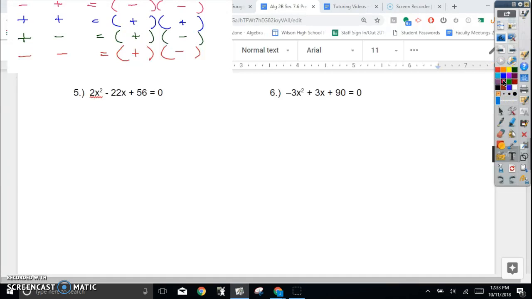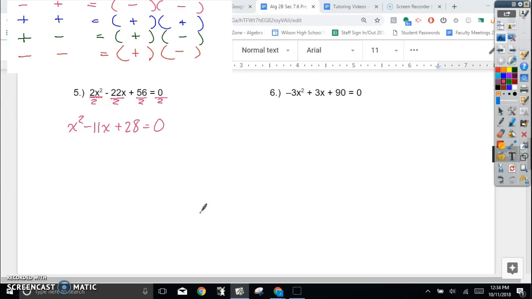So let's pull out a GCF first. All these are divisible by 2. So I'm going to divide all terms in the entire equation by 2. What you do to one side, we have to do to both sides. So this will leave me with x squared minus 11x plus 28 equals 0.